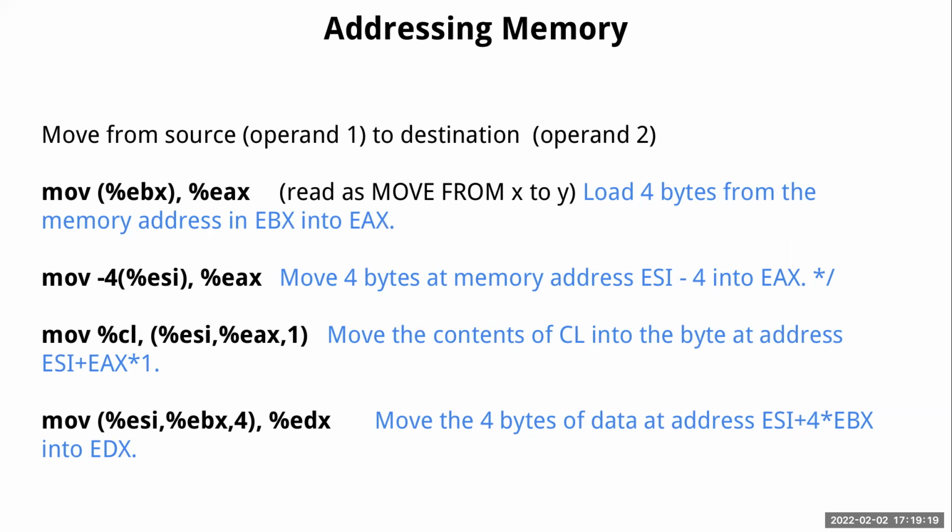So basically, we are moving 4 bytes from the memory address specified in EBX, and moving that value to the register EAX. So this is different from directly moving EBX to EAX. That is moving from register to register. This one is moving from memory to register. So this is just the syntax. Basically, we're moving 4 bytes. So everything here we're moving 4 bytes.